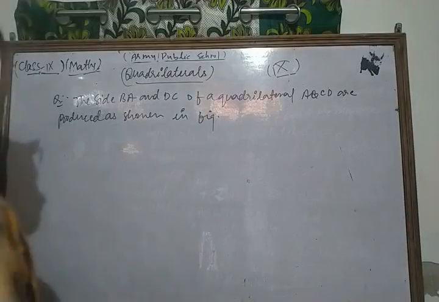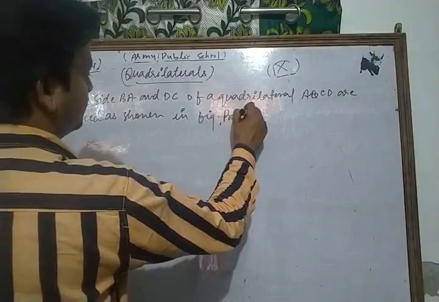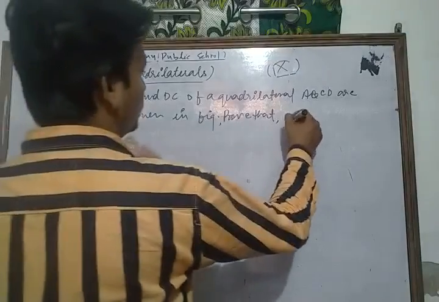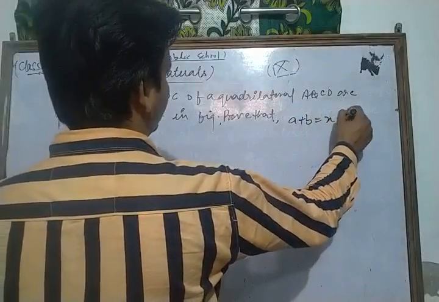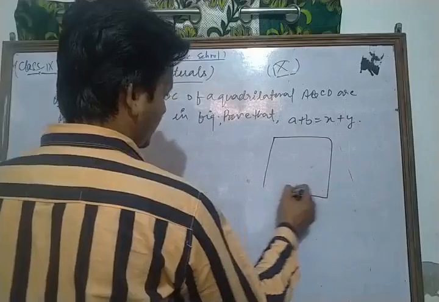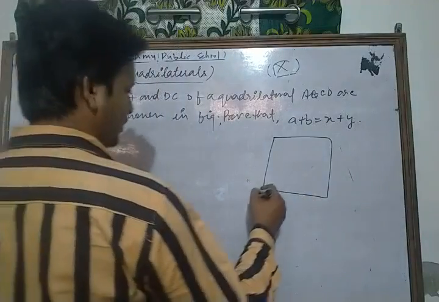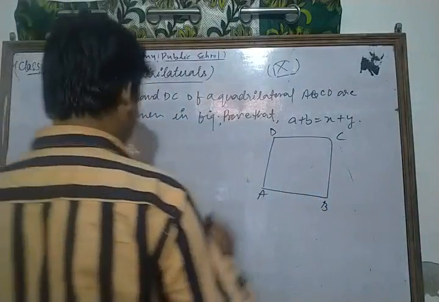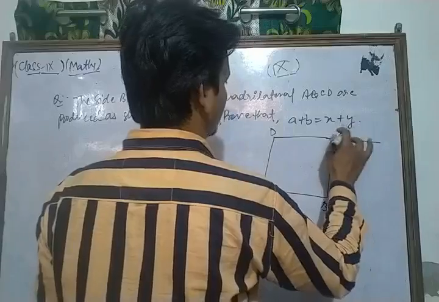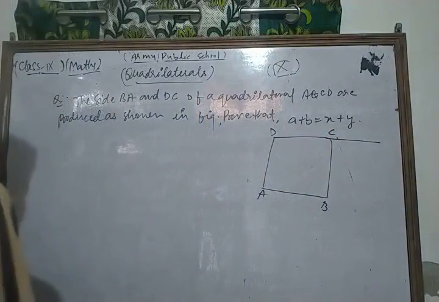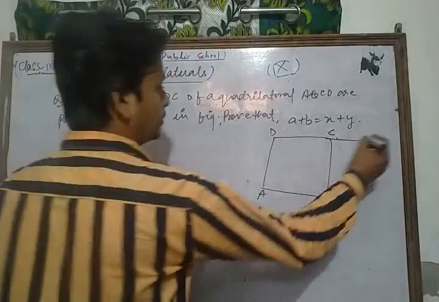Prove that angle A plus angle B is equal to x plus y. And your figure is this: this is AB and CD, CD is produced, DC and BA, and BA is produced.